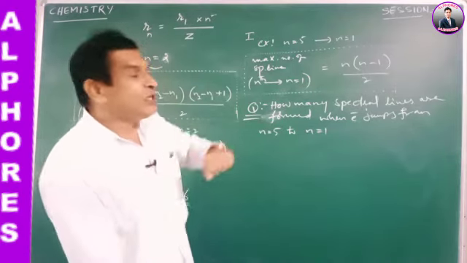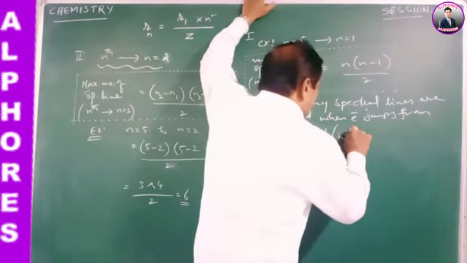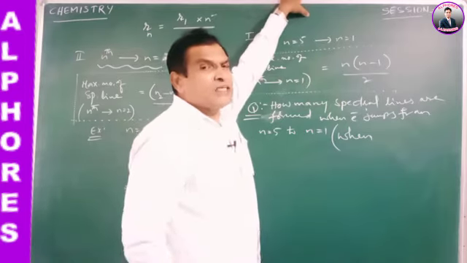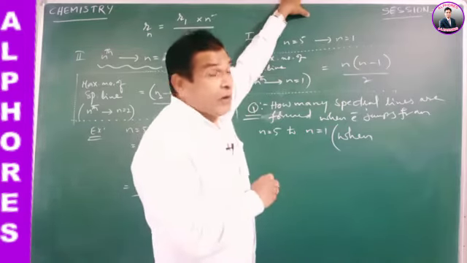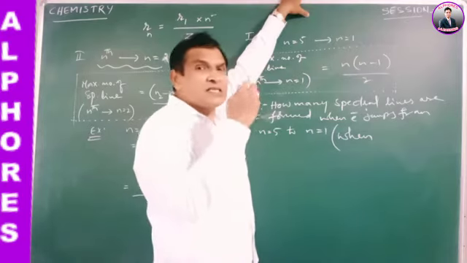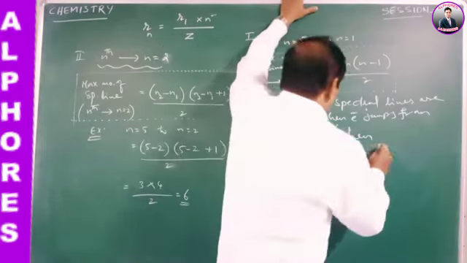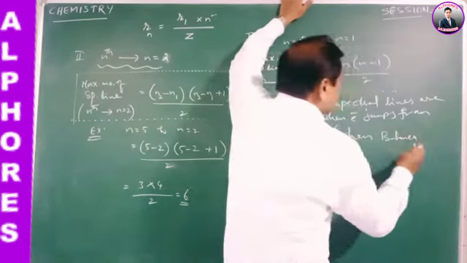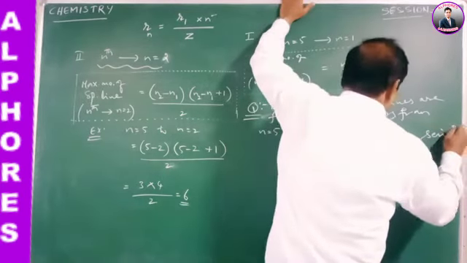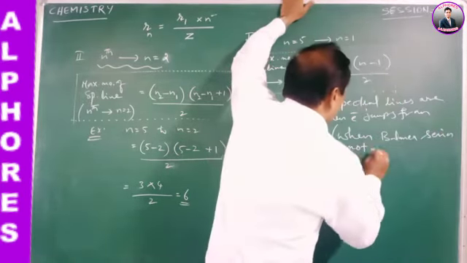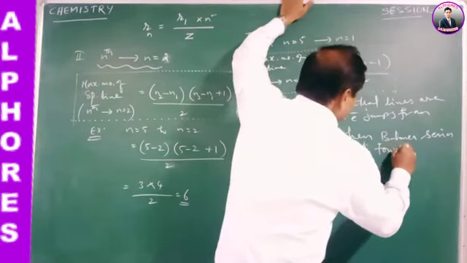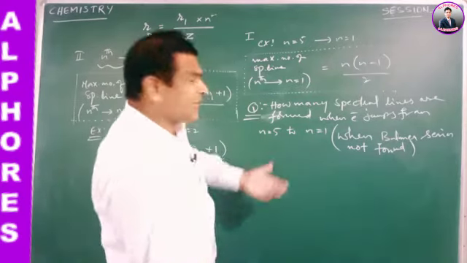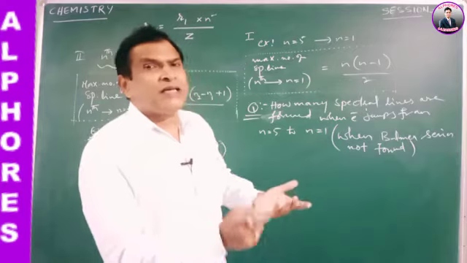Now the condition is that the Balmer series is not formed. We have to imagine this condition, because during de-excitation the spectral lines should appear in all regions of the hydrogen spectra.